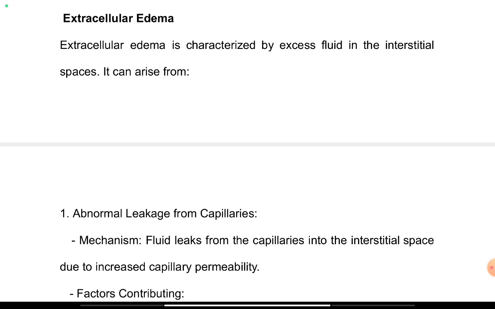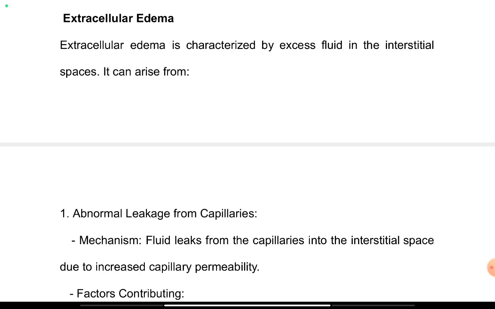So any cause of low oncotic pressure matters. It should be at the back of your mind that oncotic pressure is generated by proteins and solutes inside the blood vessels. These proteins are albumin, the immunoglobulins, the fibrinogen. The major bulk of all these proteins is albumin. And you know that albumin is produced from the liver. The liver produces the albumin.